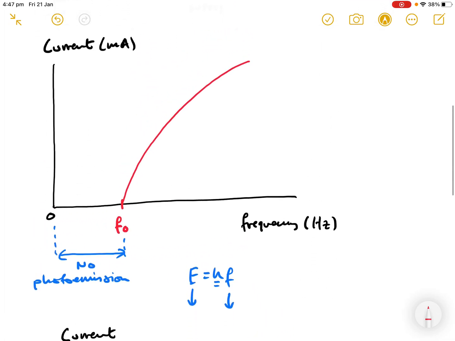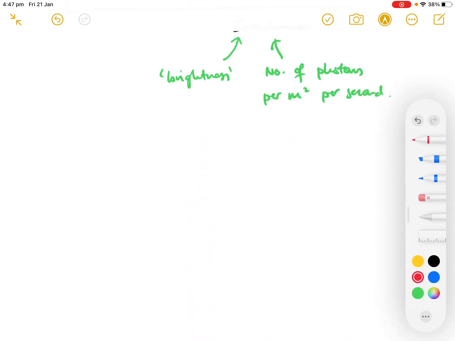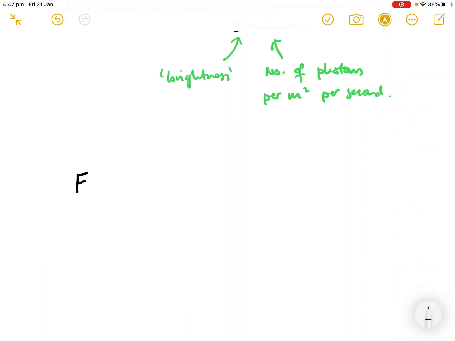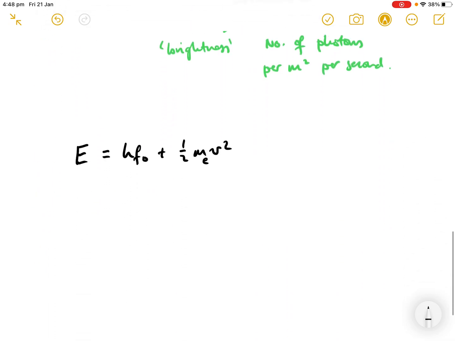Okay. A couple of observations. If we go back to our root equation, photon energy is hf equals hf naught plus a half m v squared.